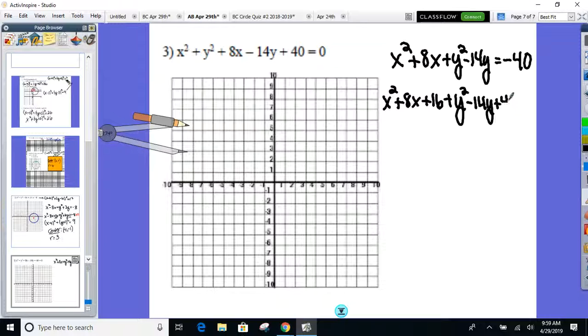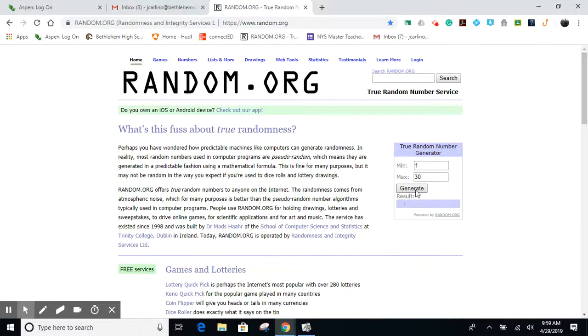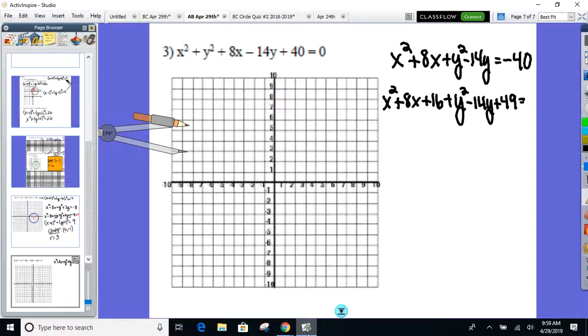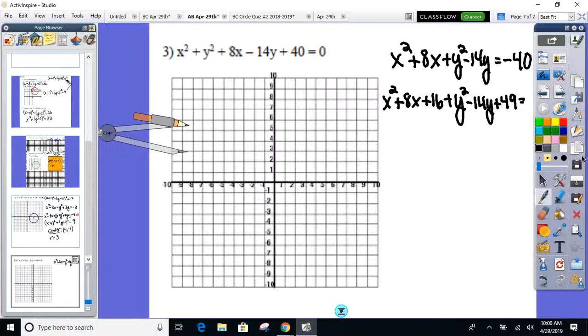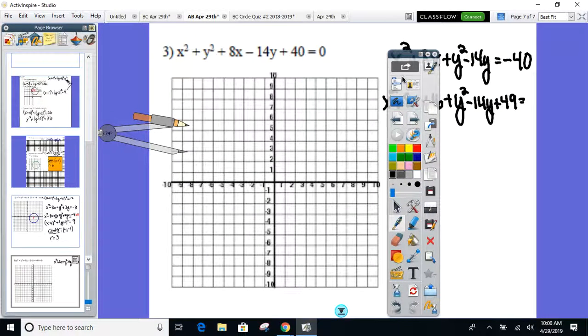So plus 49. Okay, what number should I be adding to the right now with the negative 40? Billy, what should I be adding with the negative 40? What did I add to the left side? Okay, so add that to negative 40.